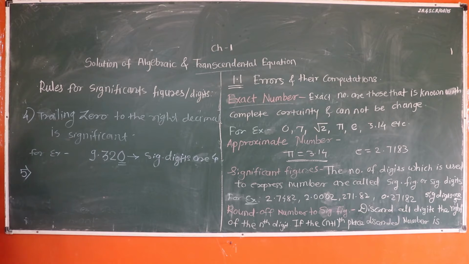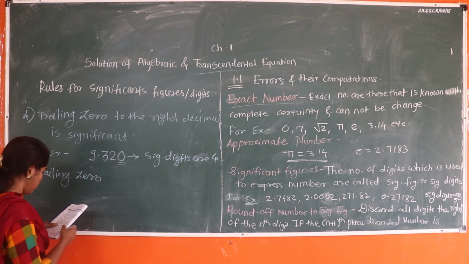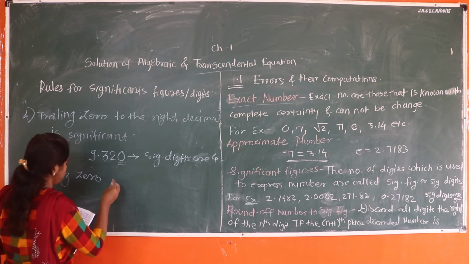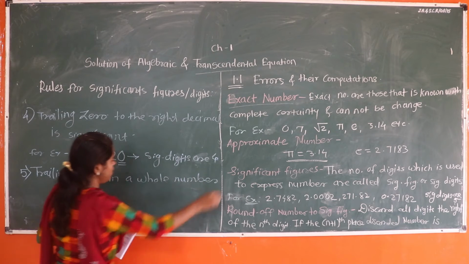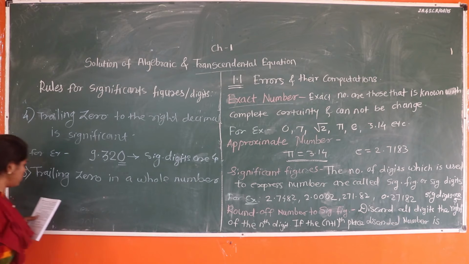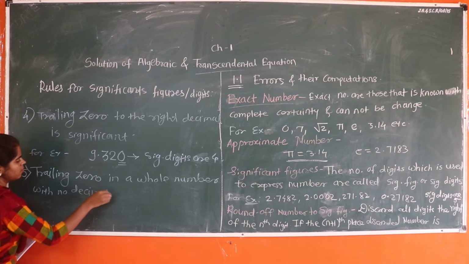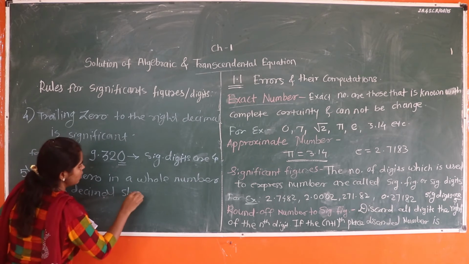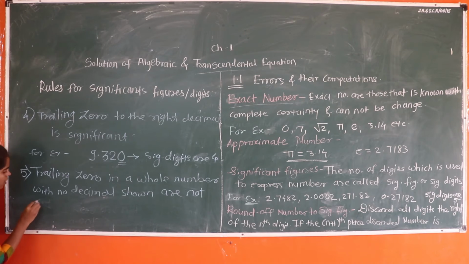Fifth rule: trailing zero in a whole number with no decimal shown is not significant.